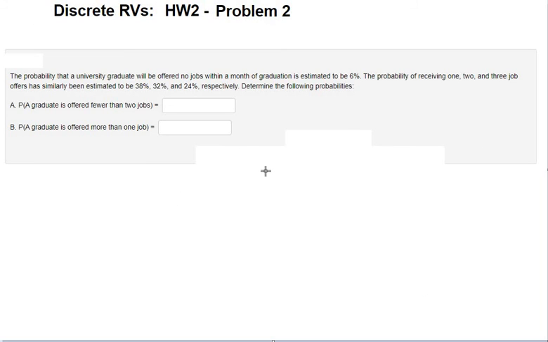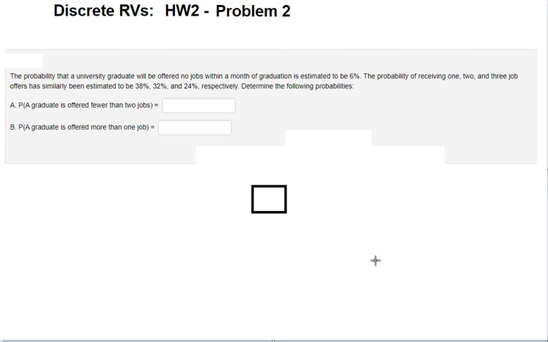Problem number 2. The probability that a university graduate will be offered no job within a month of graduation is estimated to be 6%. The probability of receiving 1, 2, and 3 job offers has similarly been estimated to be 38%, 32%, and 24% respectively. Determine the following probabilities. This problem is similar to problem number 1, so we can table it very fast.